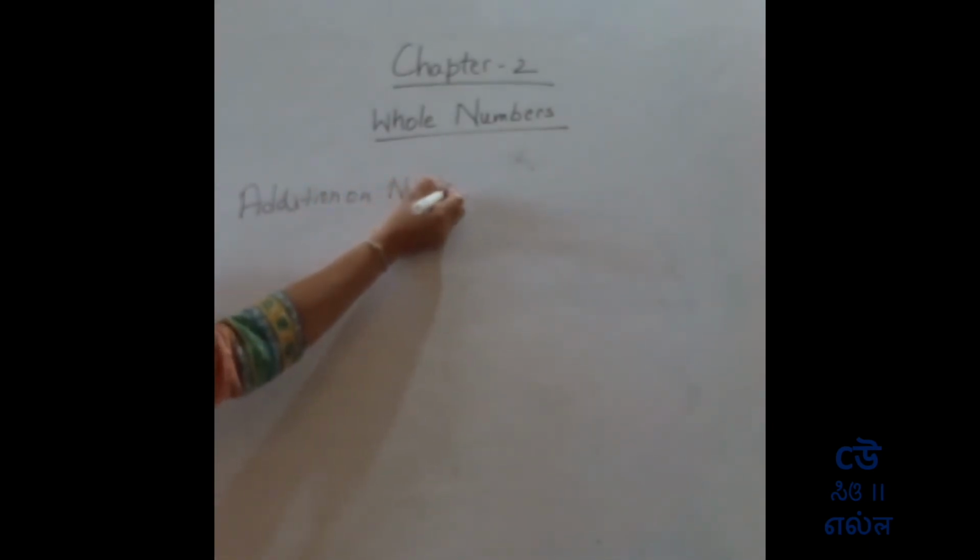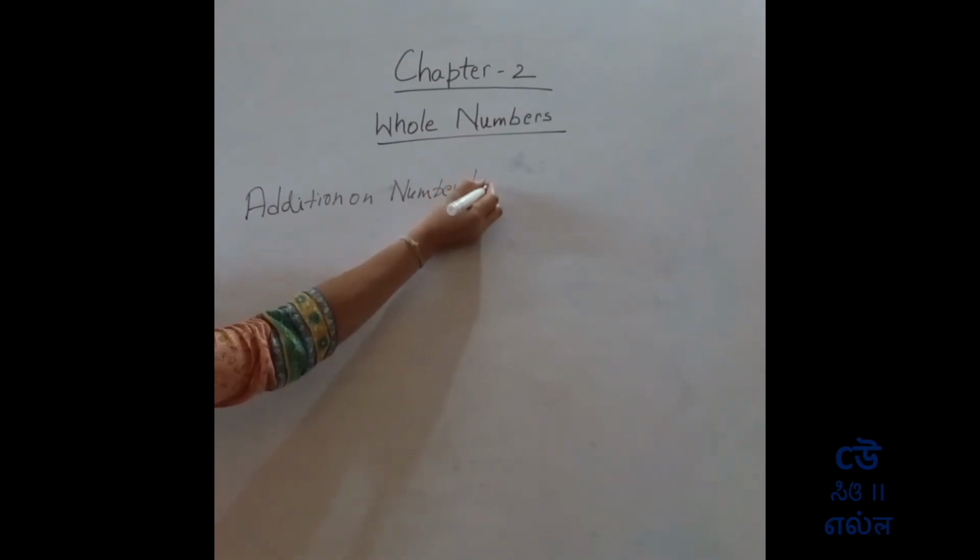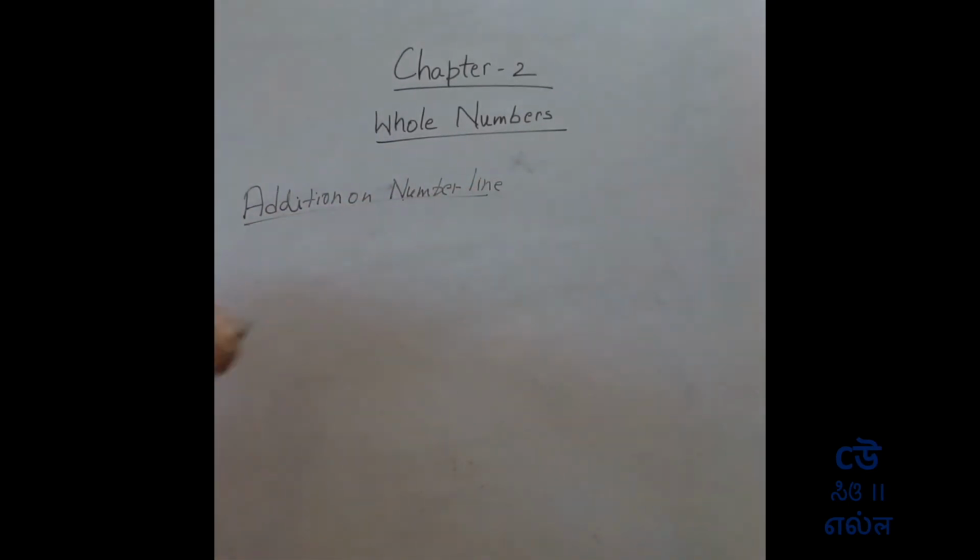Let us first write addition on the number line, okay? So addition of whole numbers can be shown on the number line, right?